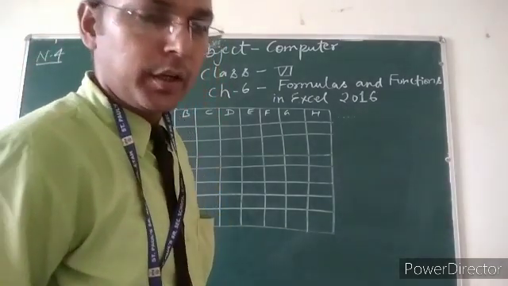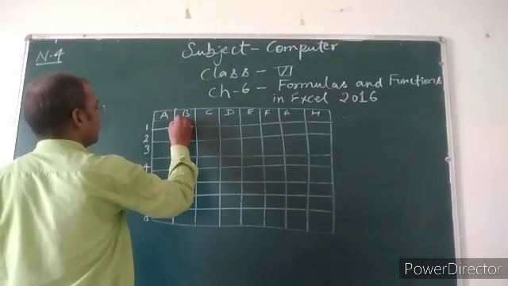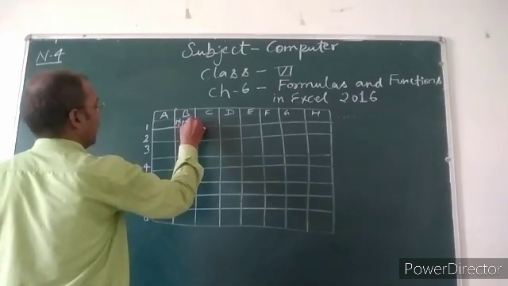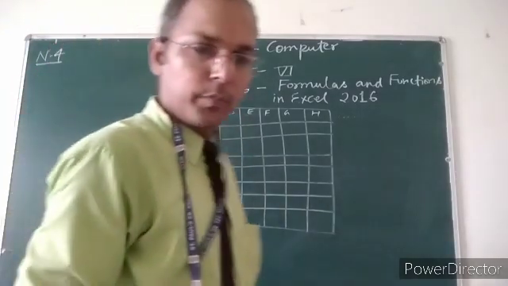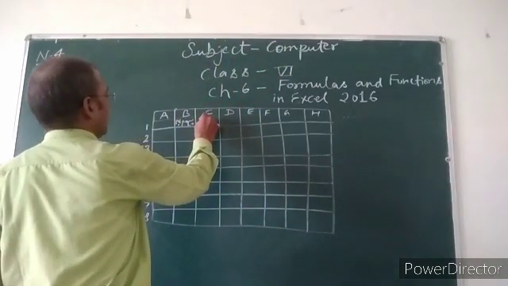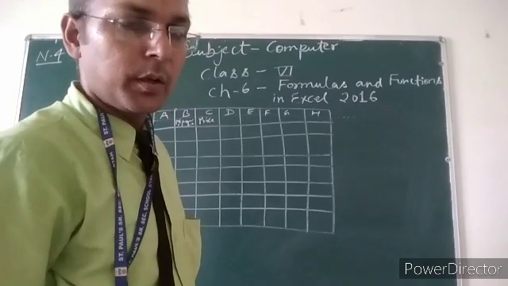Here you write the name of the item in this column, and here the price in the C column.